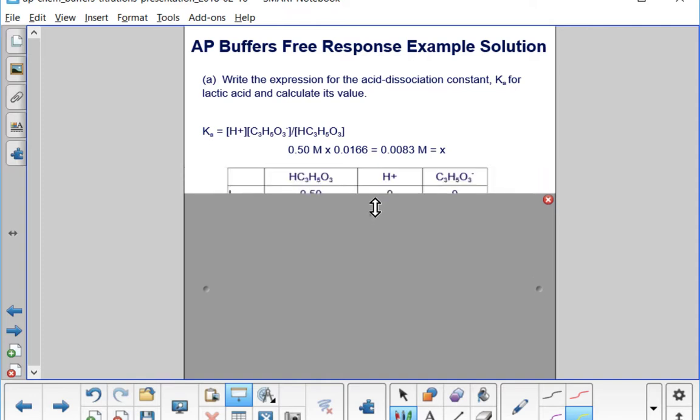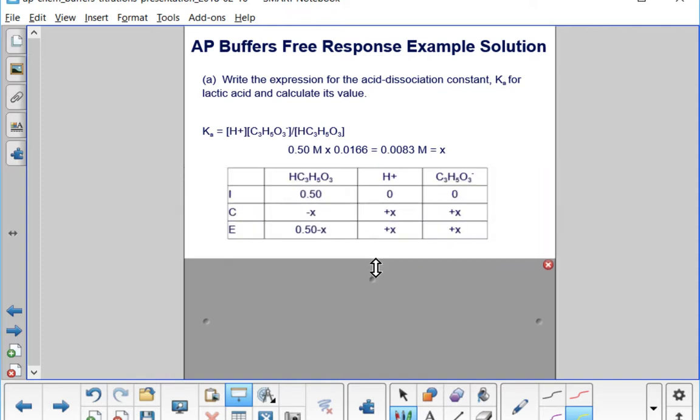So we can make an equilibrium ICE table and say that we start out with 0.5 molar lactic acid. We dissociate some amount, and we're told that that amount, X, is 1.66% of the original amount, which is 0.0083 molar. And given the stoichiometry here, that means that both the H+ and the lactate amount increase by that X.